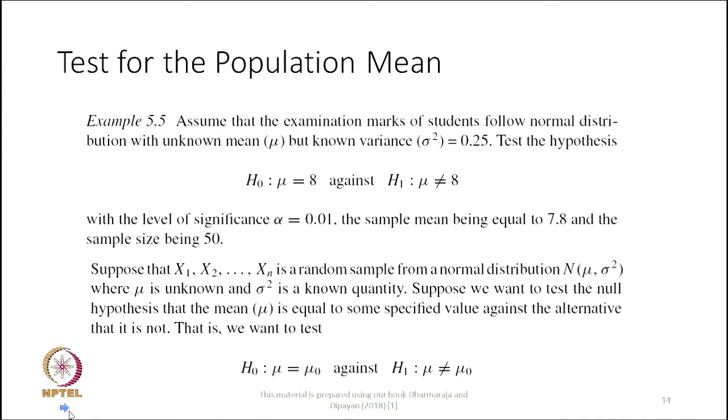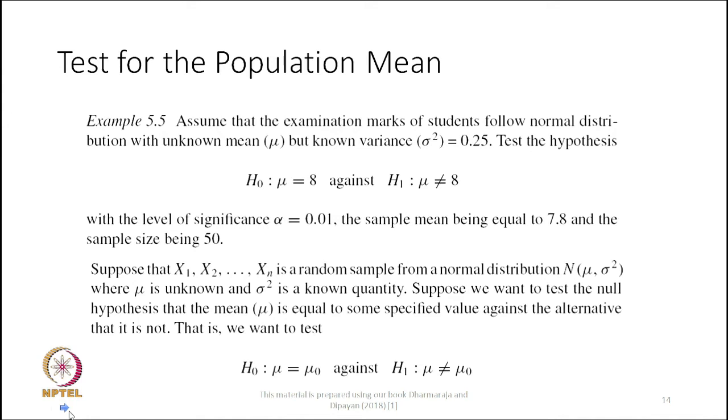So, the question is whether the statement that the population mean is 8 is to be rejected or not to be rejected with the given level of significance alpha for the data information. Here the data information is, instead of giving all the 50 data, they have given the sample mean of the 50 data. Why? Because you do not need actual data, you need only the sample mean for this calculation.